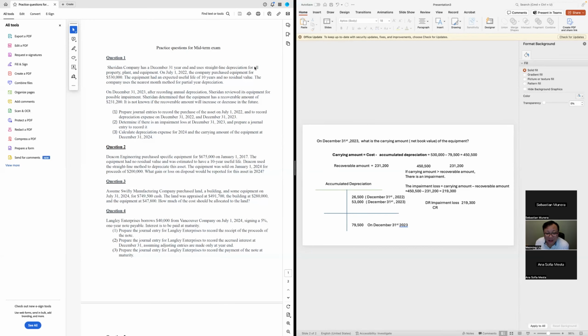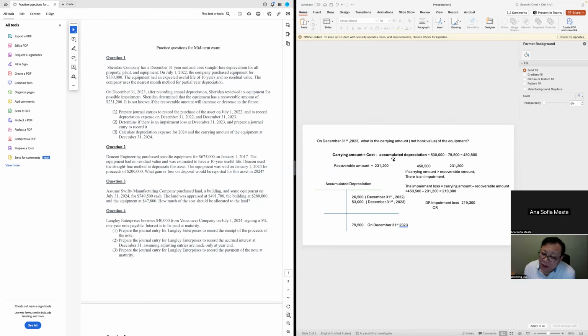Increase cumulative depreciation. Okay, that's good. When you increase the cumulative depreciation in cost minus cumulative depreciation, you subtract a greater value, so the result will be lower. So when you increase your cumulative depreciation, should you debit or credit cumulative depreciation?